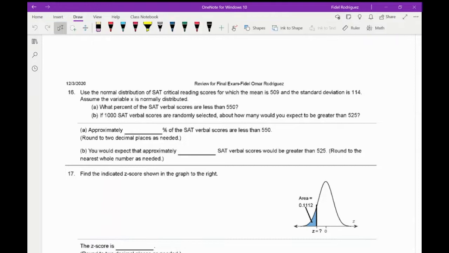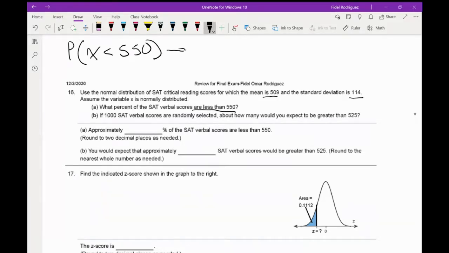Let me grab my pen real quick. All right. We know that the mean is 509, and we know our standard deviation is 114. So what we want to do is convert this to a z-score. What we're looking for here is the probability that X is less than 550.